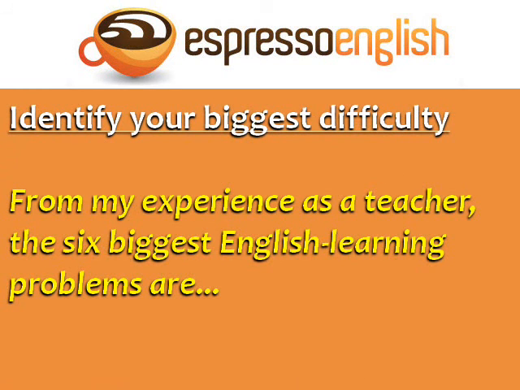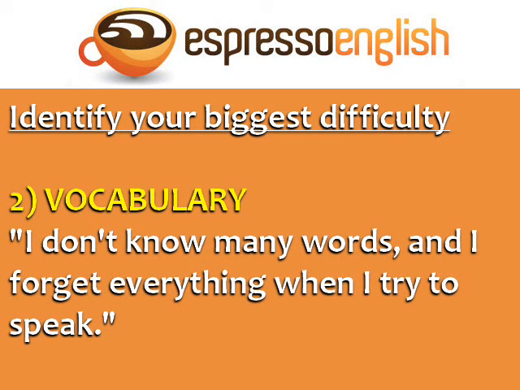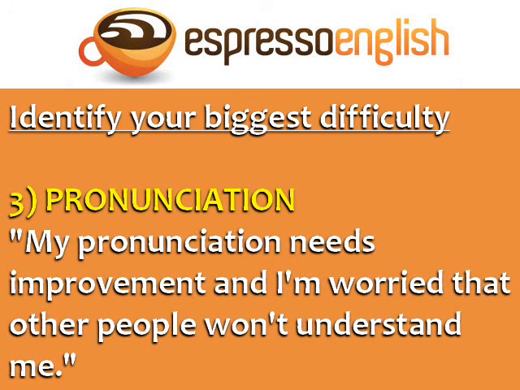The first step is to identify your biggest difficulty. From my experience as a teacher, the 6 biggest English learning problems are: listening. I can't understand native speakers because they talk too fast. Vocabulary. I don't know many words, and I forget everything when I try to speak. Pronunciation.